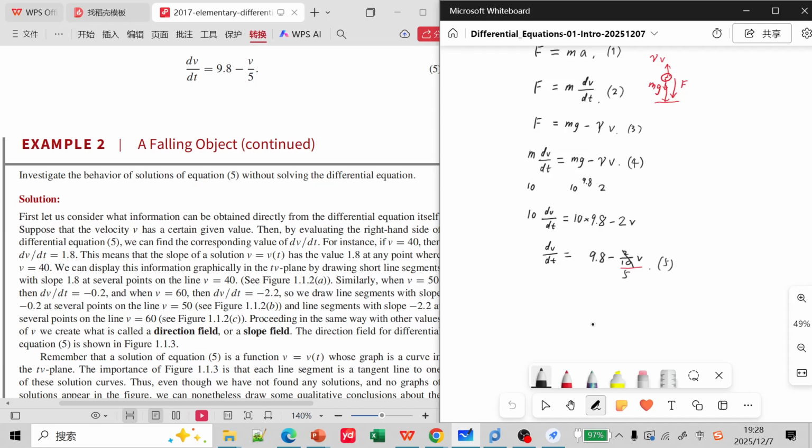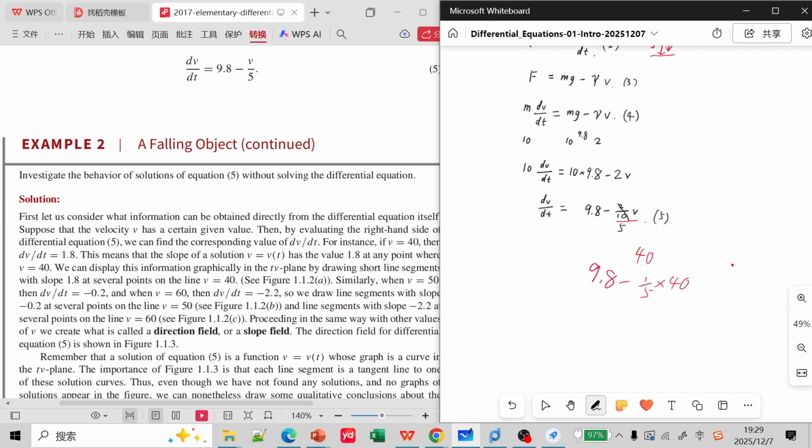If v is 40, then dv over dt is equal to 1.8, because 9.8 minus this, which is 1 over 5 times 40, is 9.8 minus 8.